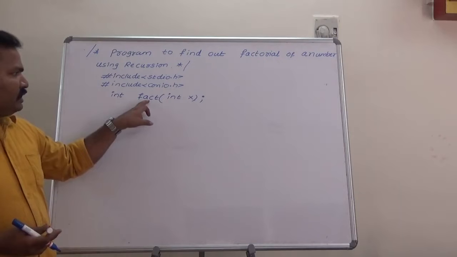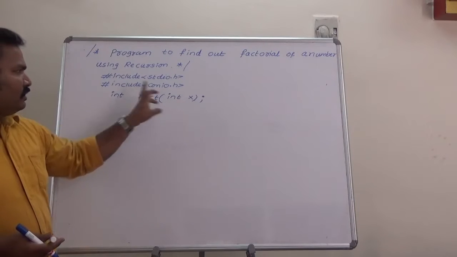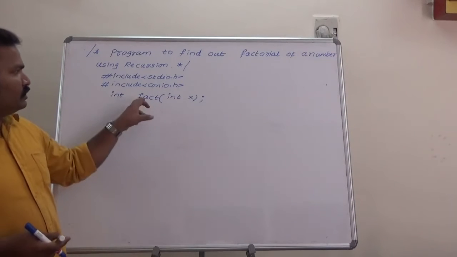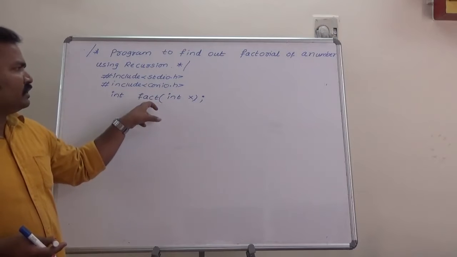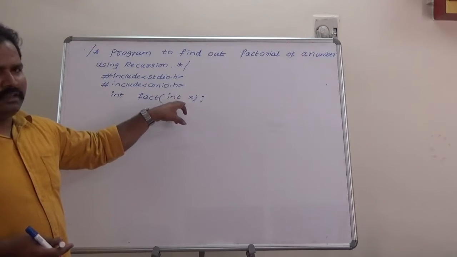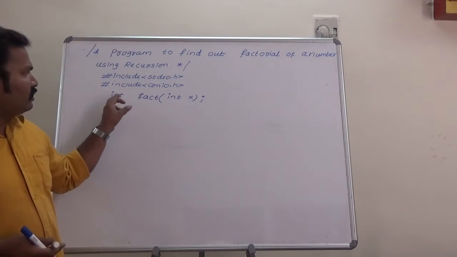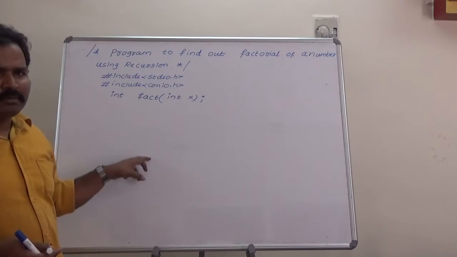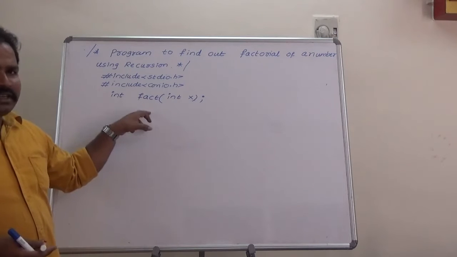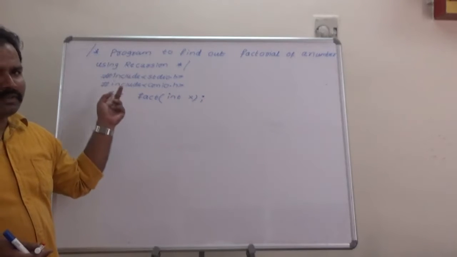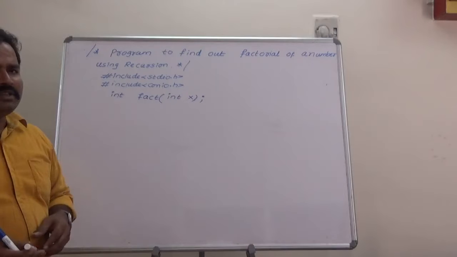It is a function with arguments and with return value: it takes one value as input, and after processing that input, it returns an integer value to the calling function.